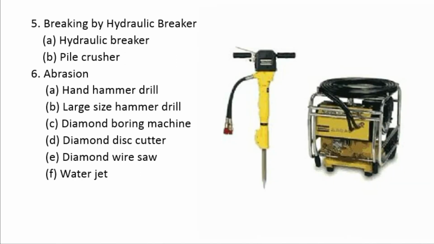The fifth one is hydraulic breakers. These breakers are used for small demolitions. Abrasions. These are the different types of abrasion.